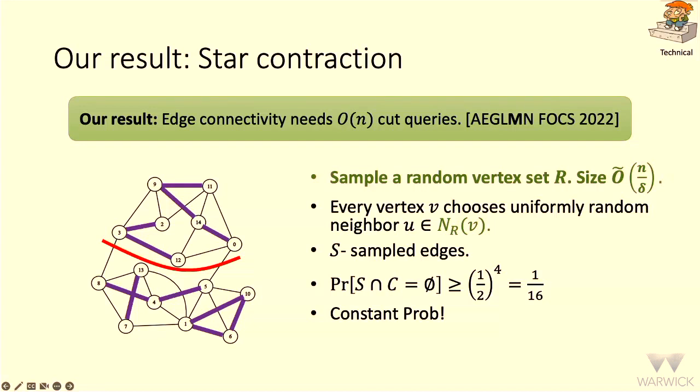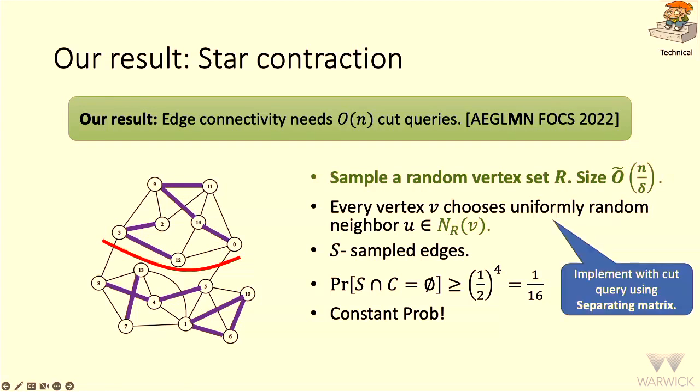That's it. Now again, the thing that I mentioned, that every vertex is going to have less than half of its neighbors towards the min cut, also holds when you restrict it to a random set R. So the technique just goes through. You need a little bit more technicalities to deal with, but it works and it will give you an order n cut query algorithm for min cut.